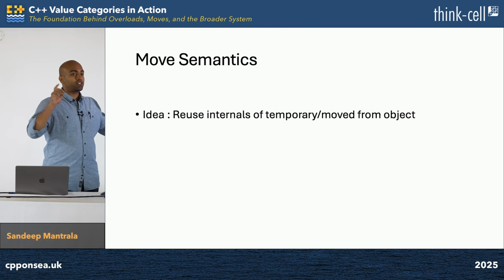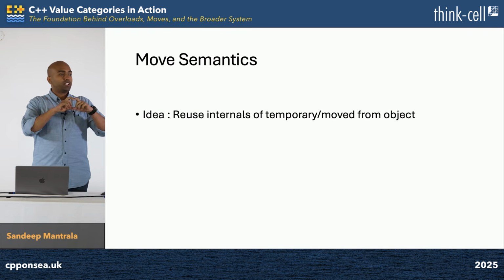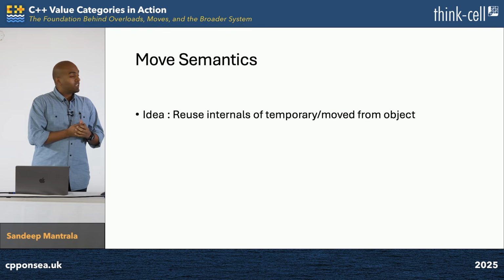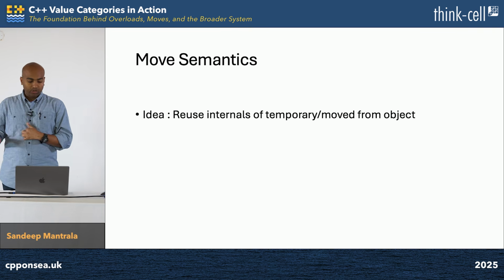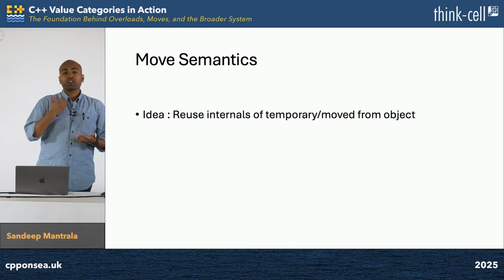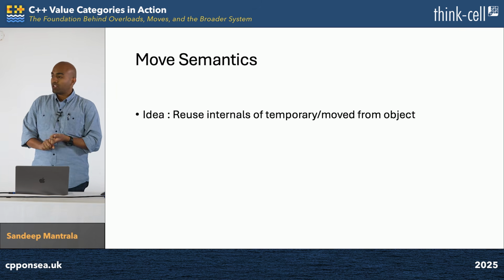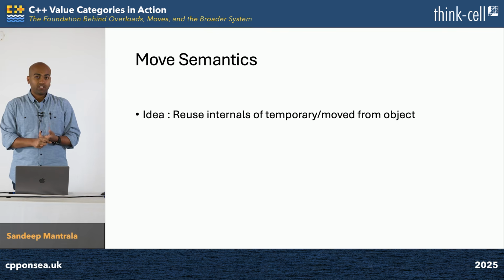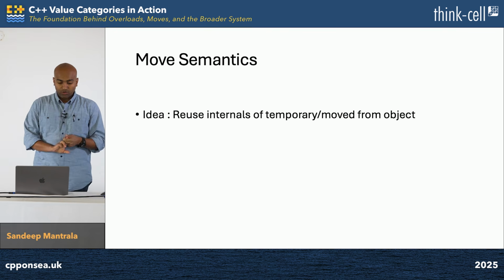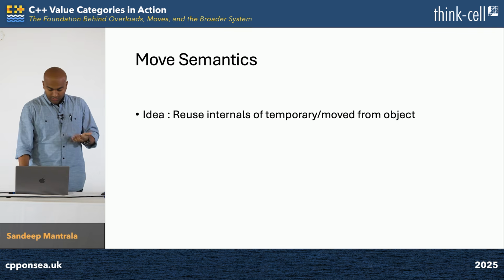Just remember the vector example that we discussed, where the elements were going to get destroyed. If we want to reuse the internals of those vectors, it is now possible because we can bind to them. First of all, we can mark them as X values, and secondly, we can bind to them exclusively using an R value reference and then safely steal from it. So doing such a thing is possible. And we'll just look at an example.